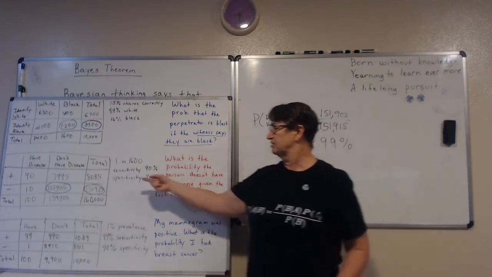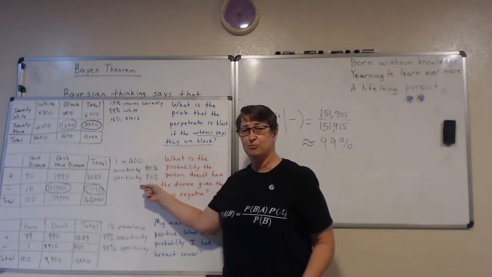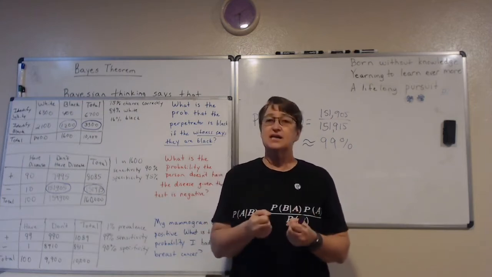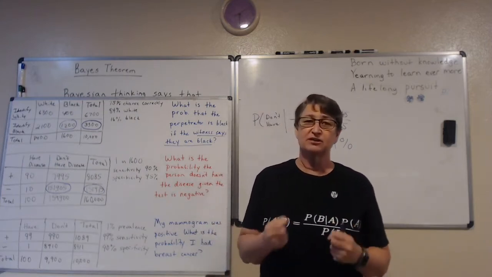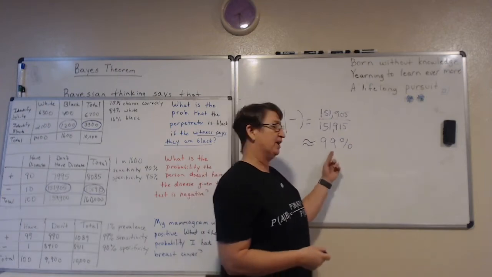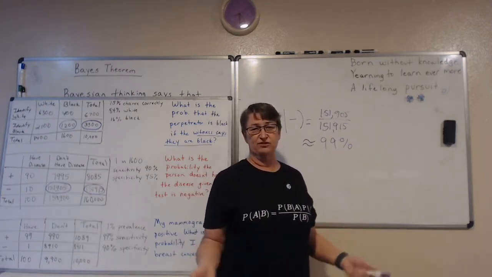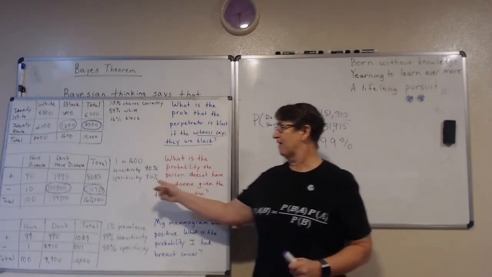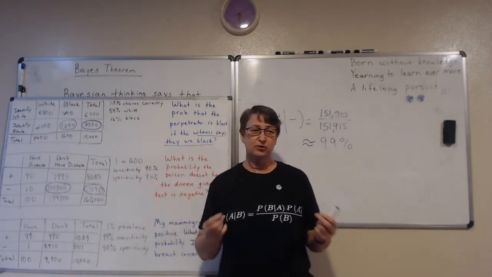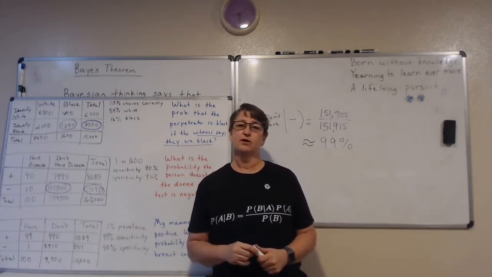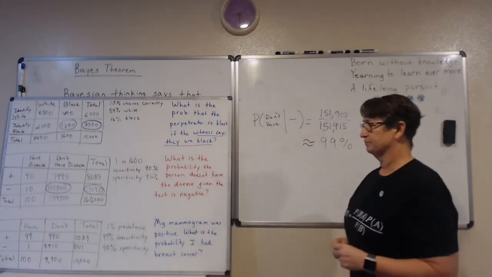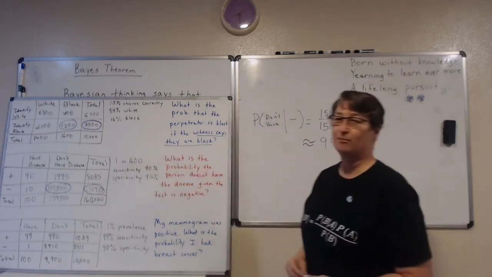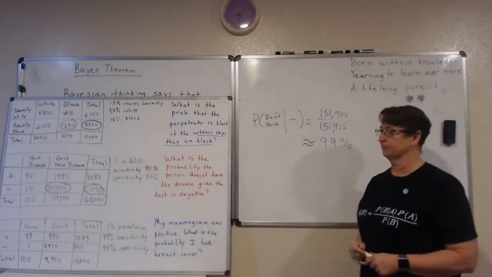You think it would be 95%, but it turns out that if you get a negative, most likely you do not have the disease. It's very rare that you actually do. So with a 95% specificity, it's really close that I'm not going to have it, especially with this prevalence. It might change if the prevalence were different.